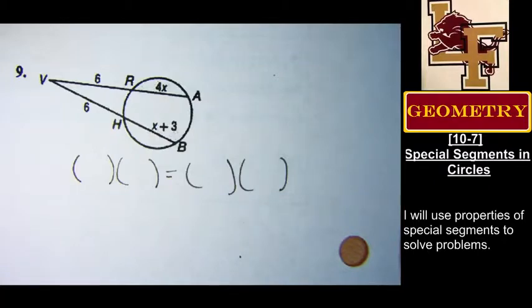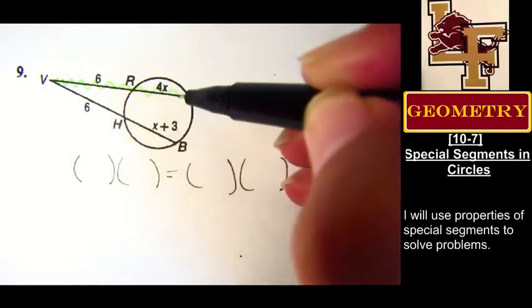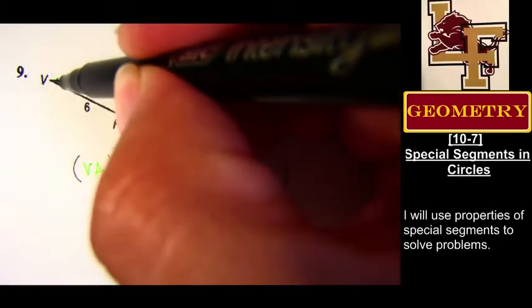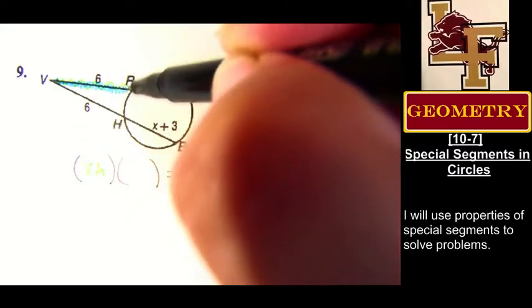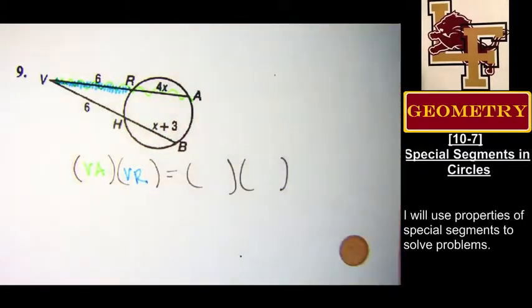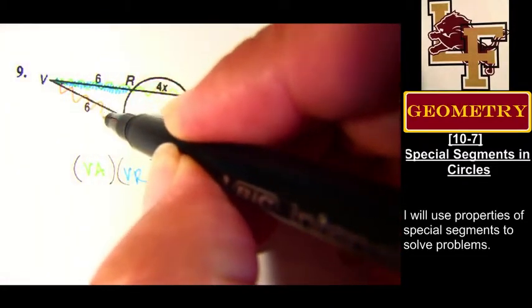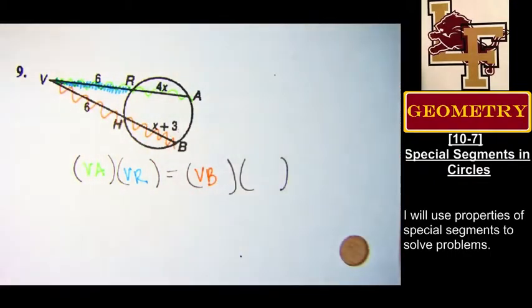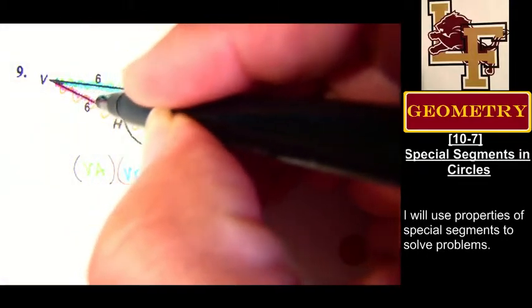The first thing is the entire secant segment. And the second thing is going to be that same secant segment, but just the piece of it that lives outside of the circle. That equals the entire secant segment, the other one, multiplied by just the piece of it that's outside of the circle.